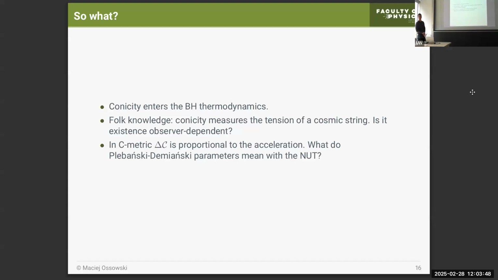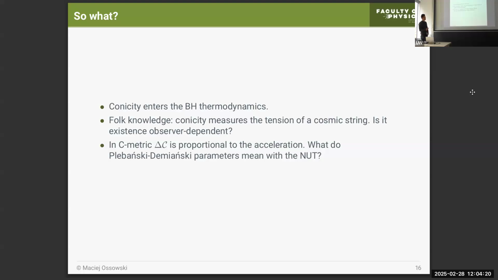So what? Okay, the conicity is observer dependent. Why do we care? We care because the conicity is a quantity which actually sometimes appears in physics. For example, if you do black hole thermodynamics, if you calculate the first law of black hole thermodynamics for, let's say, tau naught, then some kind of conicity appears there.